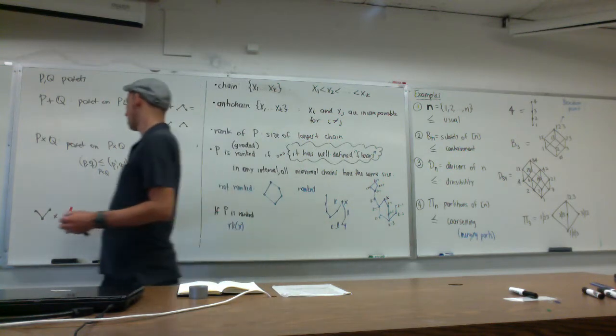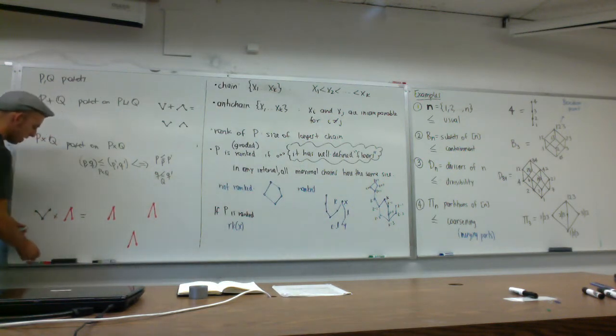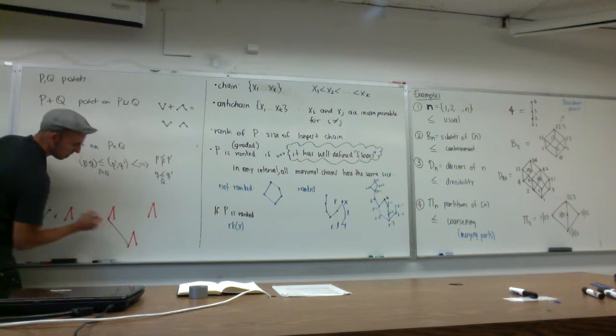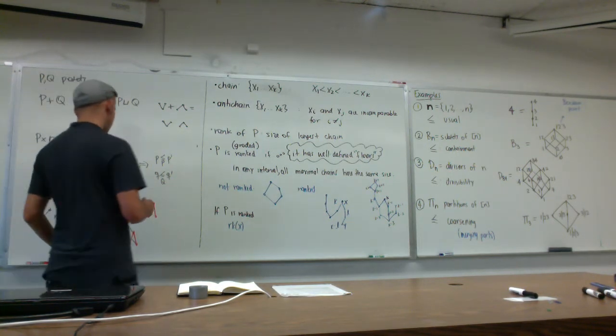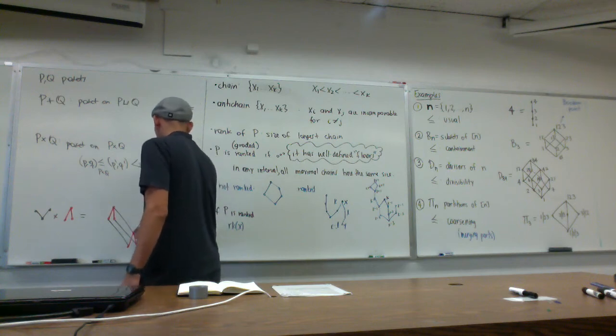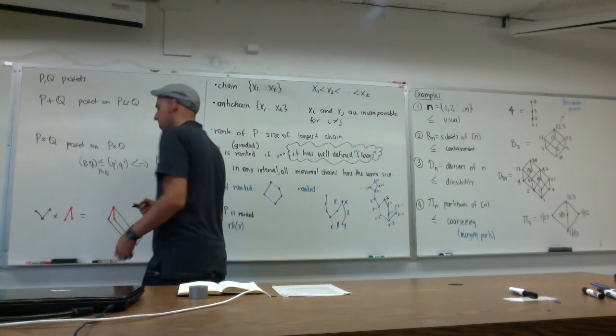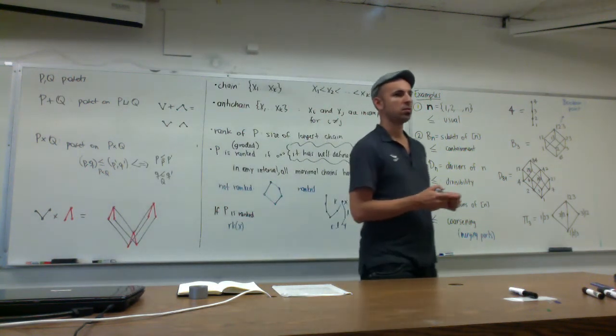One for each copy over here. Then I join: because there's a black edge from here to here, I draw a black edge from here to here, here to here, from here to here. And similarly, I get black edges from here to here, here to here. So that's the product.